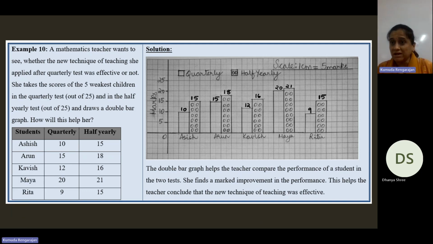Now, in a double bar graph, the two rectangles will stick to each other. The rectangles of different people will not stick. But the data about the same person, those rectangles will stick to one another. So you can see the two rectangles for Ashish. They stick to each other. Arun, the two rectangles. That's how a double bar graph looks.